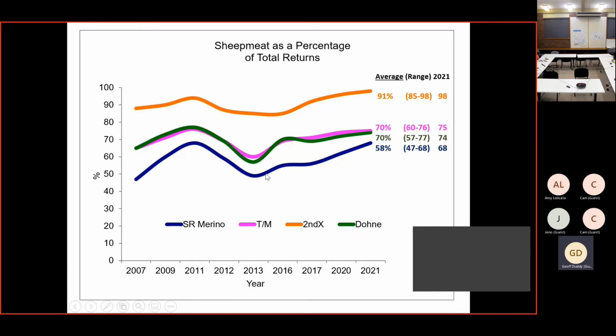And this is the one that I think industry really needs to take more heed of. This is a self-replacing merino operation. I usually work on about 18.5 micron. Most of the costings are done around about 1250, 1300 cents clean. At the moment, that self-replacing merino operation, almost 70% of your income is coming from sale of meat.